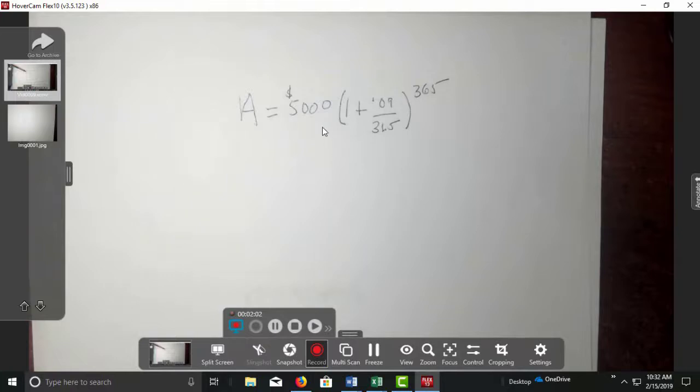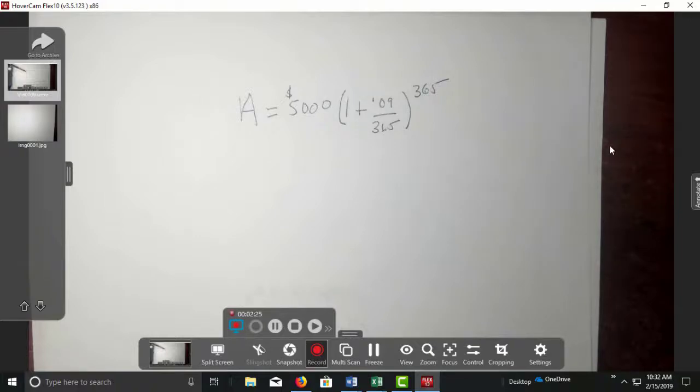So I put it all in the formula now. Principal, interest rate. Excel will handle a percentage and convert it, but your calculator won't. 365 number of compounds, and so I'm going to have 365 of those compounds.